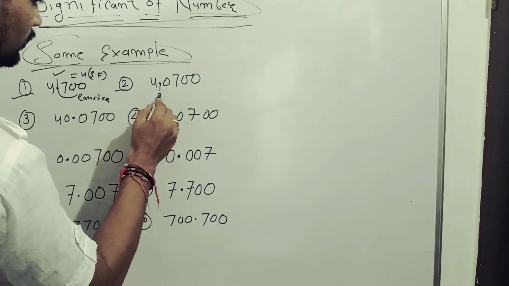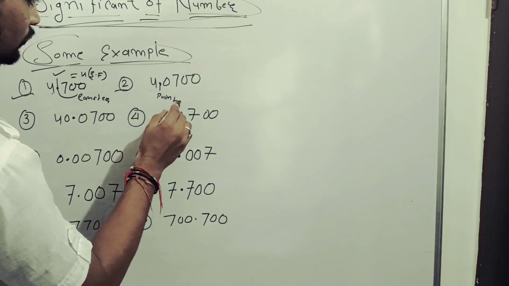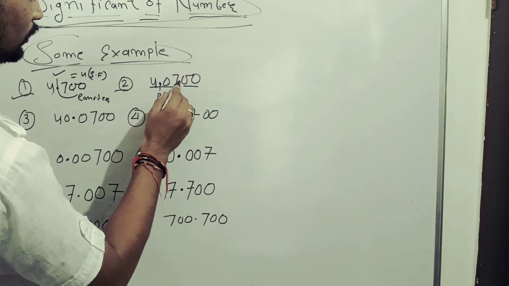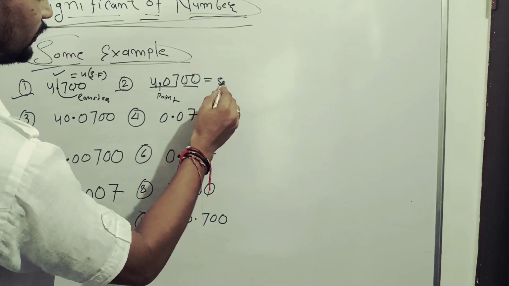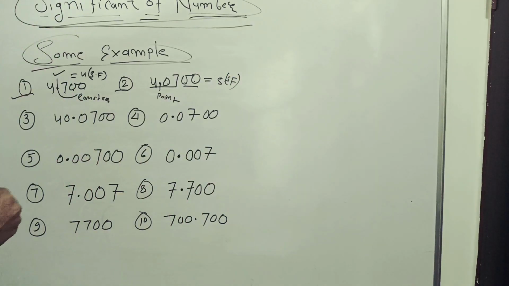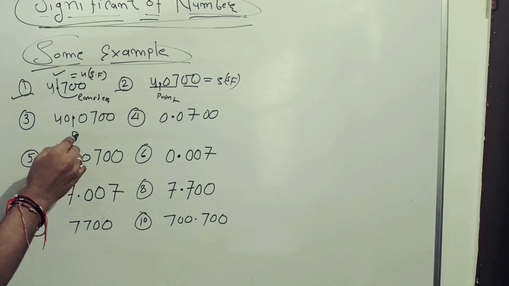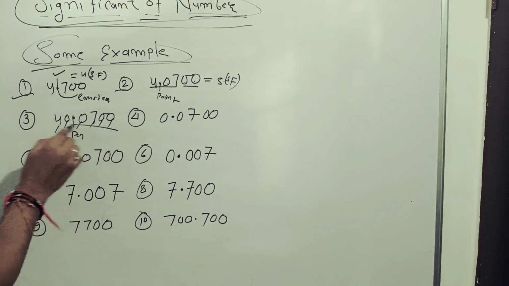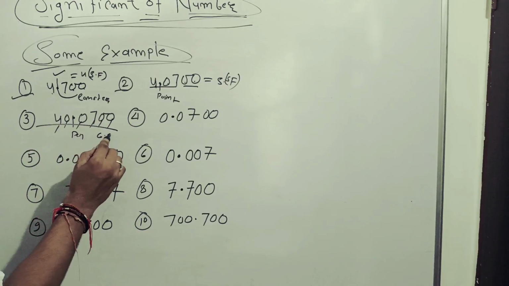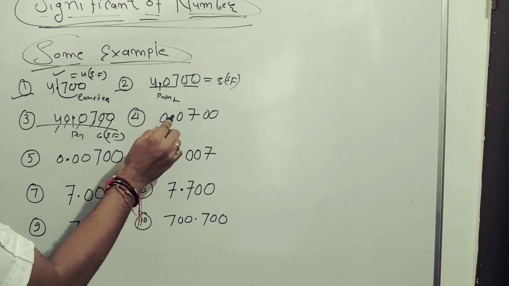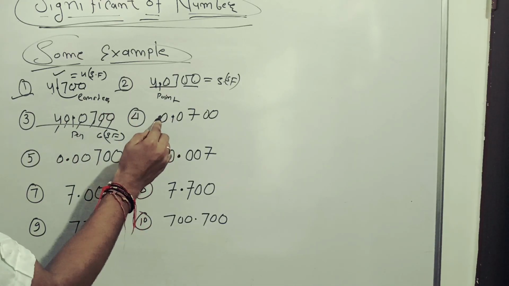And 4.0700: after the point all zeros are considered, because one zero is between two non-zero digits and the trailing zeros count, so the significant figures are 5. After the point, all the zeros are considered, including the zero between the two non-zero digits. The significant figures are 6.